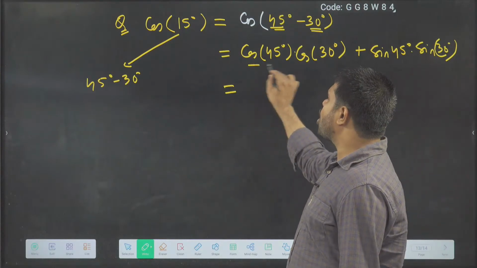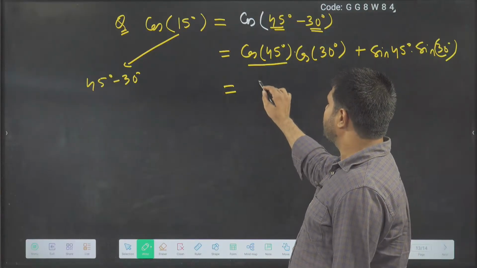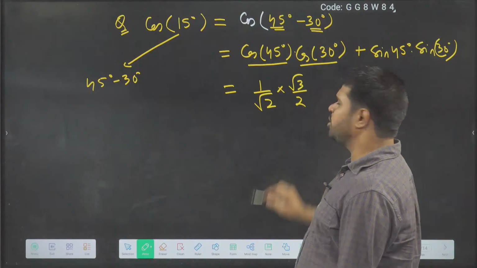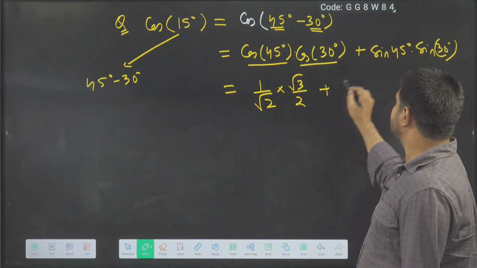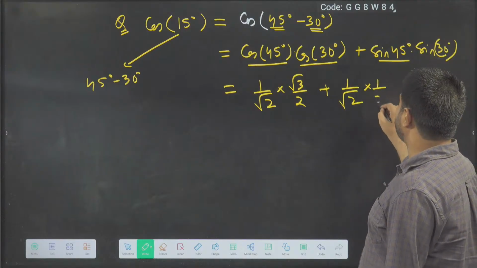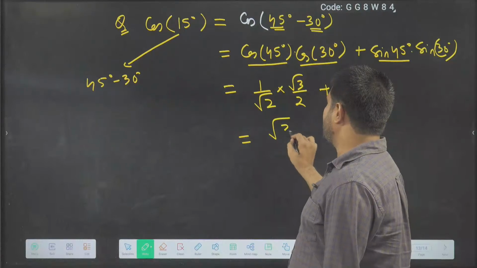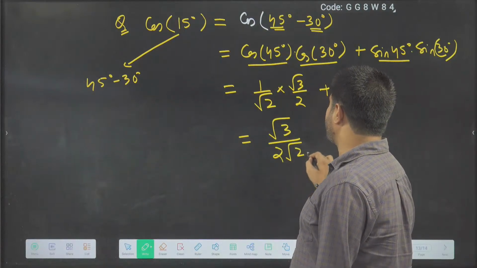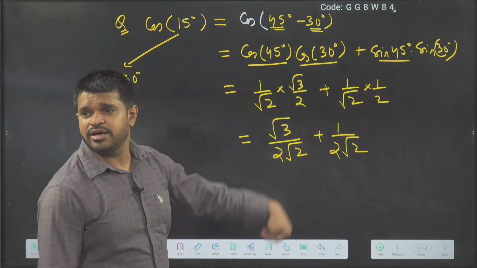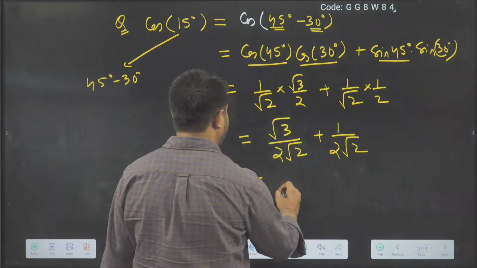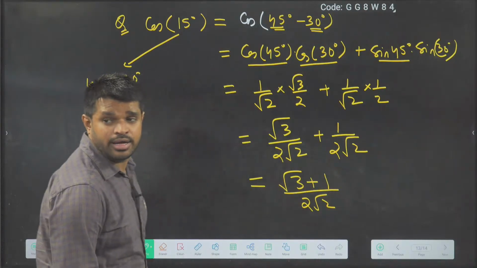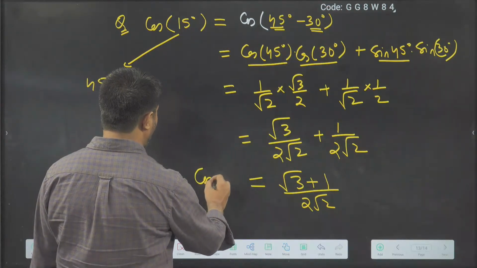Cos 45 degree is 1 by root 2, cos 30 is root 3 by 2, plus sin 45 is 1 by root 2, sin 30 is 1 by 2. So what do I get? Root 3 by 2 root 2 plus 1 by 2 root 2. When you add, it is very simple. So we get root 3 plus 1 by 2 root 2. It is equal to cos 15 degree.